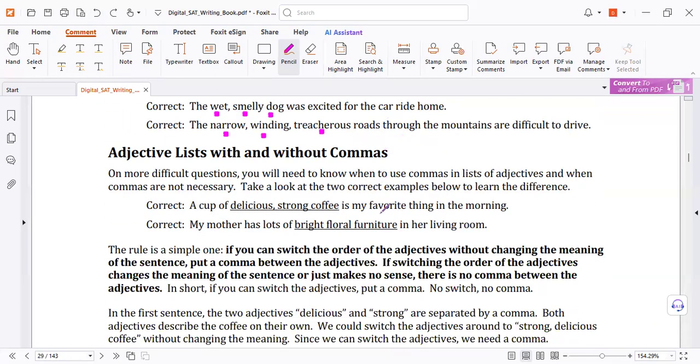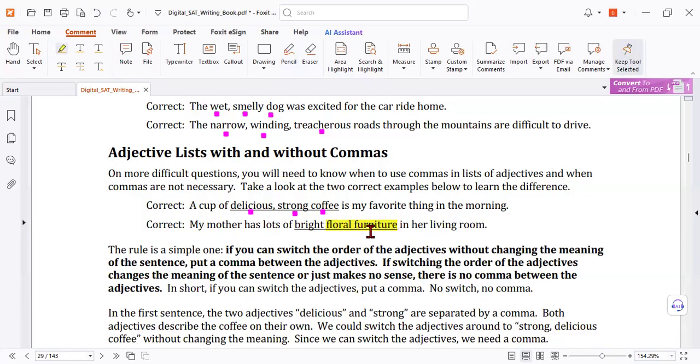Again, look: adjective, adjective, noun. Very easy, but you must know whether it is an adjective or not. How about this part? Adjective, adjective, noun? No. Here we have a compound noun.